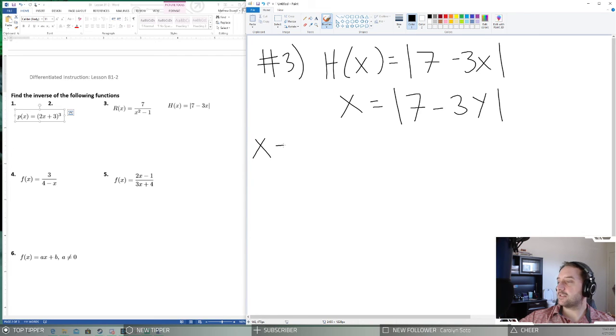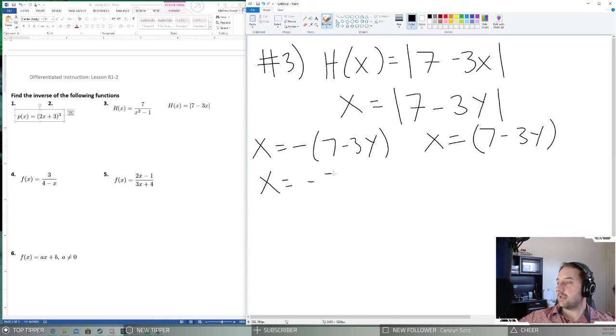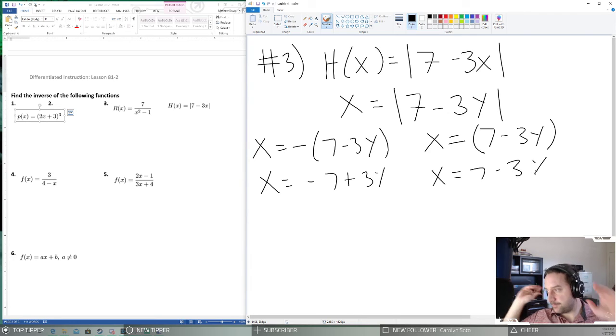So I'm going to get x equals negative 7 minus 3y. And then I'm going to get x equals positive 7 minus 3y. So then I get x equals negative 7 plus 3y. And then here I get x equals 7 minus 3y.